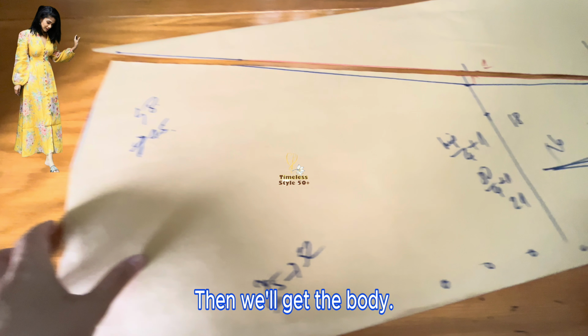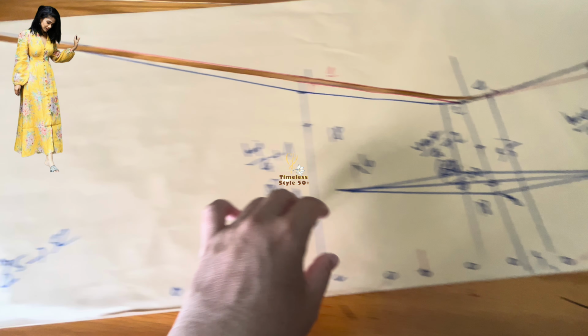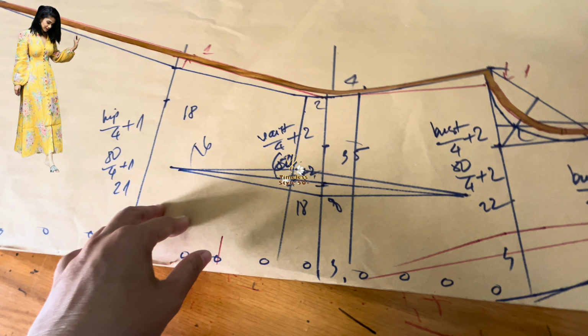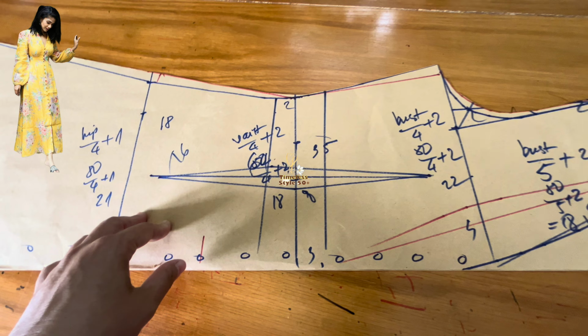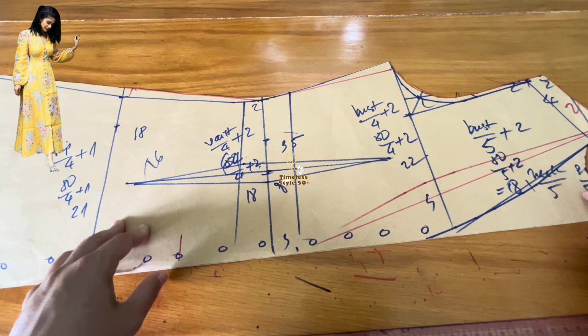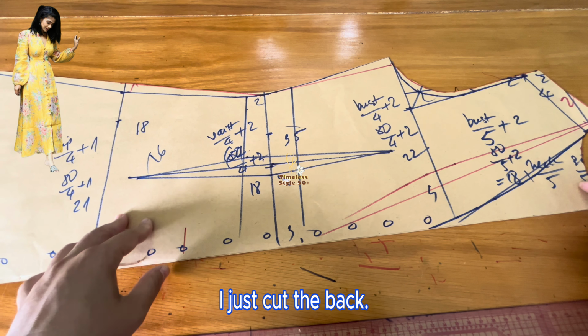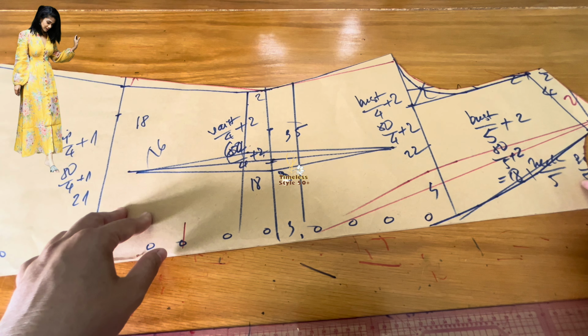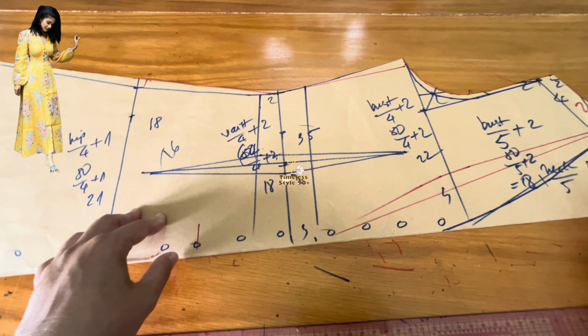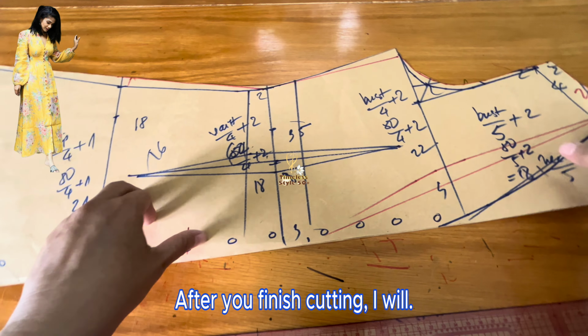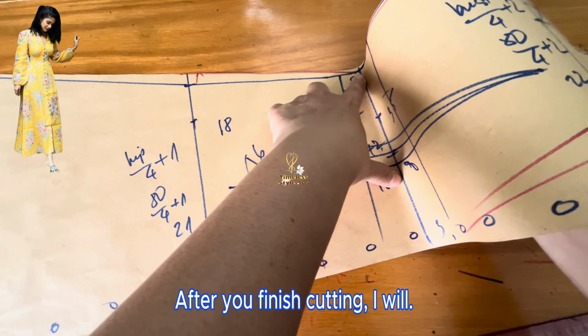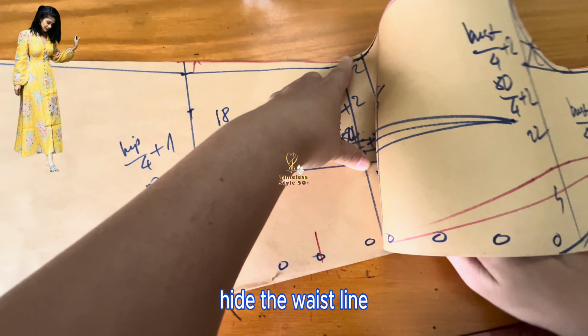Then we'll get the body. Here. The front body, I just cut the back. I have not adjusted the back body. After you finish cutting, I will mark the waistline.